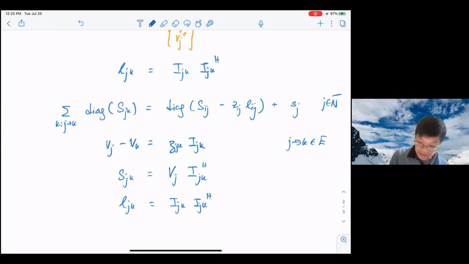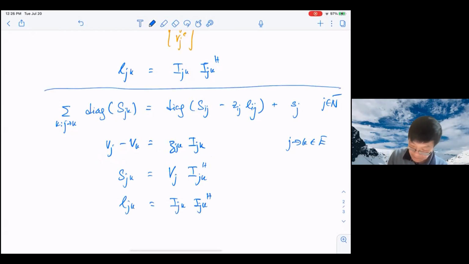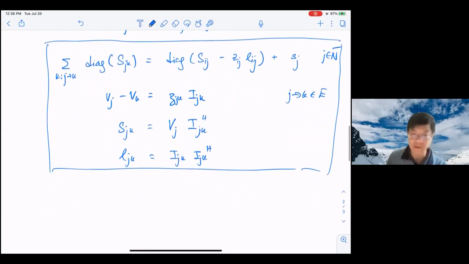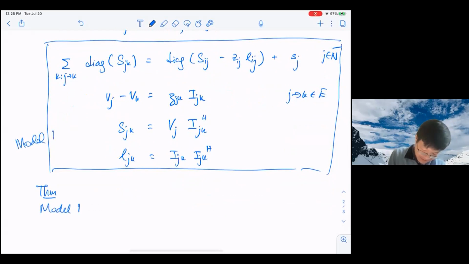Okay, so this is the first model of the three-phase radial network, unbalanced three-phase network. Okay, so one can show that this model, let's say model 1, is equivalent to the three-phase bus injection model that we saw yesterday.